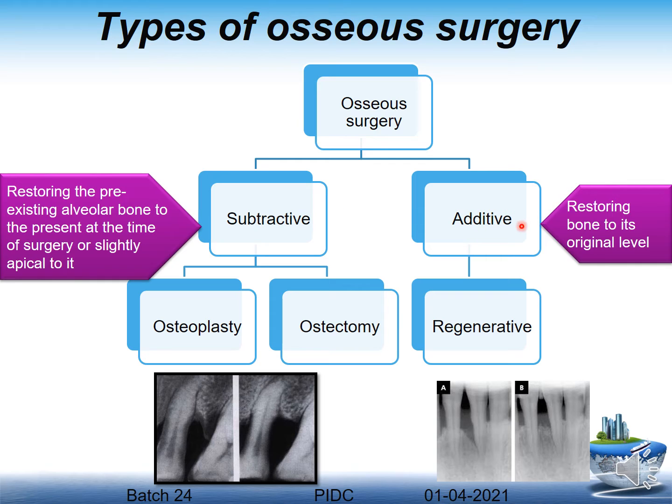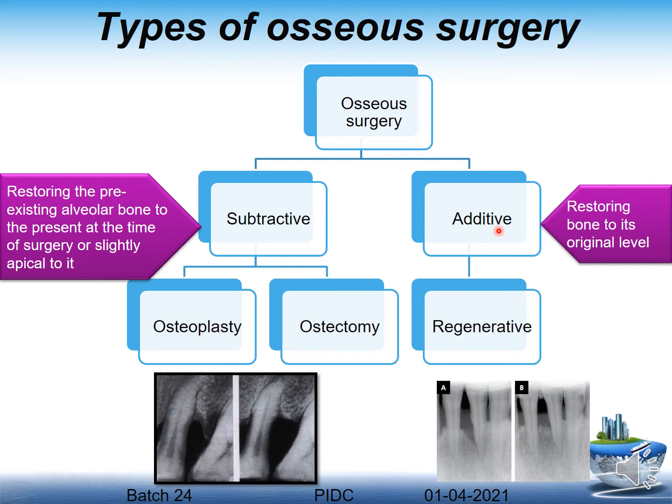Whereas there is another type called the additive type of osseous surgery, wherein I have a bony defect here. In this area, instead of removing this wall, I find that there should be two walls here. The image is a little blurred here. So I go in for a regenerative procedure wherein I place my bone grafts in this area, and then I suture it back.